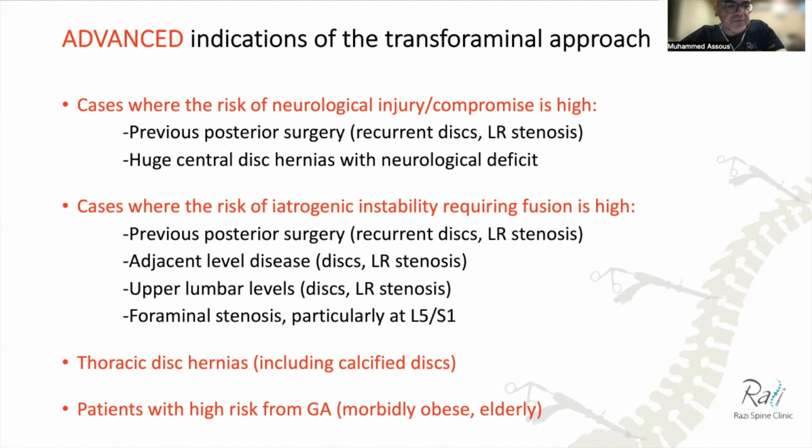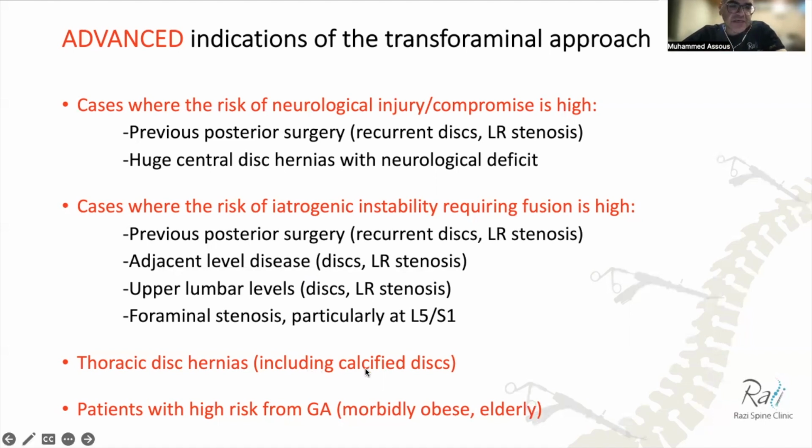If you go from the posterior approach, the transforaminal approach can do this without compromising the bony integrity of that particular level. And foraminal stenosis, which is often treated with fusion, you can do this with endoscopes, even at L5S1, without having to fuse that level, or at least defer the fusion surgery.